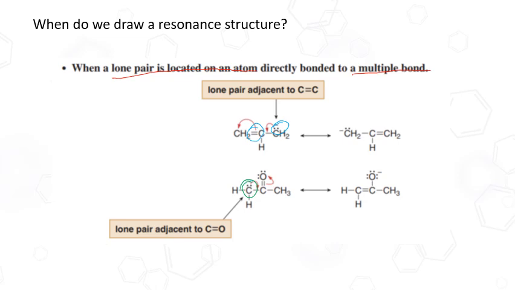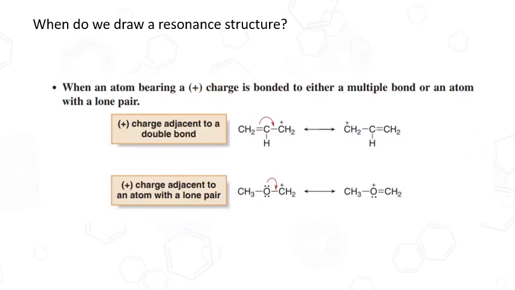So that's one situation. The other one is when there is a positive charge that is bound to either a multiple bond or an atom with a lone pair. Notice that we only said a lone pair next to a multiple bond and a positive charge next to a multiple bond.